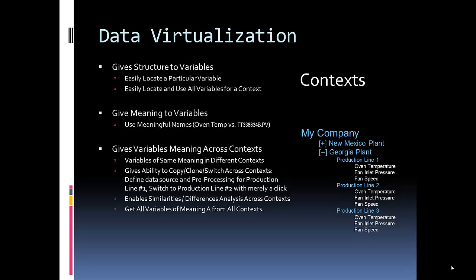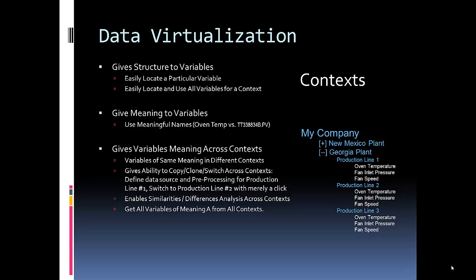Even though they're different variables on different production lines, they all have similar types of roles and characteristics within your operations. This gives the ability to create solutions for one context and switch them across contexts.